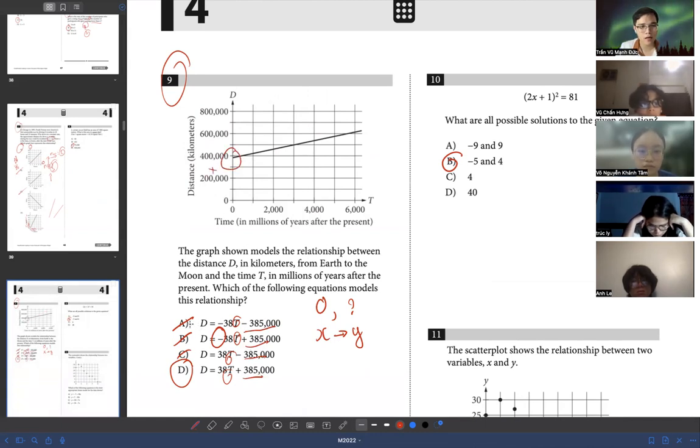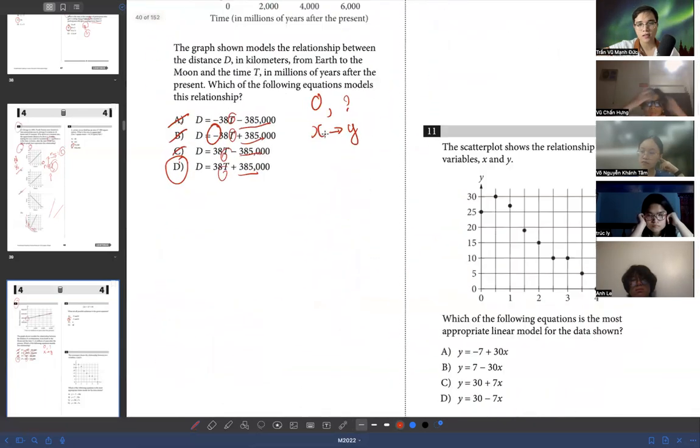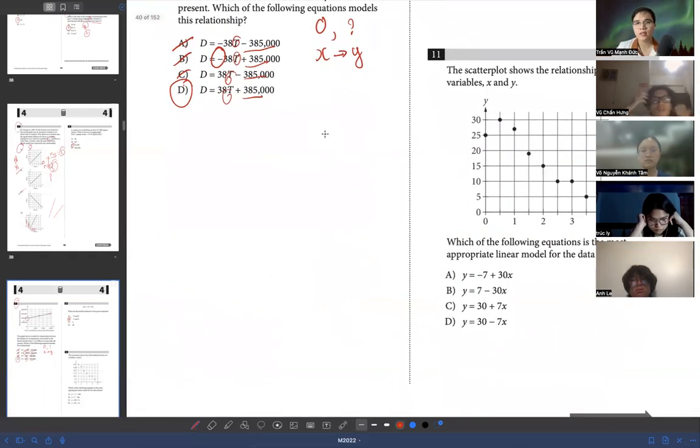So you cross out A and C, and you plug in other points. This is quite inaccurate, but you get the whole idea, because in some cases it won't be just process of elimination. Some graphs are quite complex and you're going to have to plug in the coordinates. All right, next up is 11.